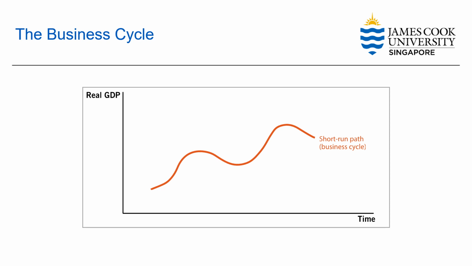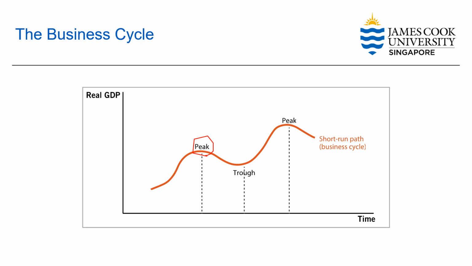This is the short-run path showing the business cycle. You could see, if you look into this point, that the real GDP has been at a relatively higher level within some period of time. Basically, it is a peak point.